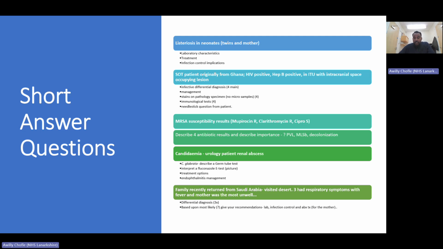Candida in urological infection, kidney and urinary tract, and a family recently. This was one of the questions. I'll leave you to read. A family recently returned from Saudi Arabia, visited a desert, had respiratory symptoms. As we can see, they were trying to make sure you understand MERS and the geographical interpretation of infection and imported infection.